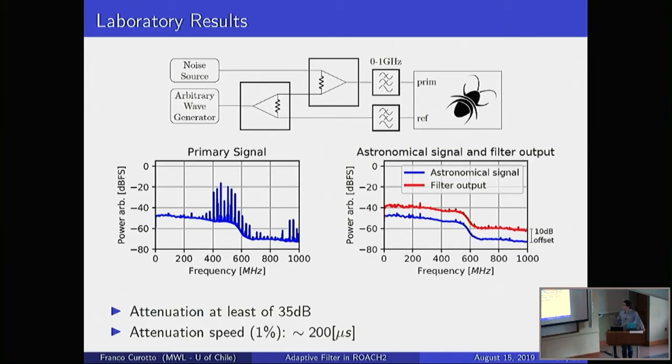Visually they are very alike, so similar that I had to put a 10 dB offset so you can see the difference between the two plots. This is in the frequency domain, obviously. In numbers, the attenuation that I achieved is at least 35 dBs, and the time to attenuate to 1% of the interference power is 2 microseconds. Okay, so this looks very good.